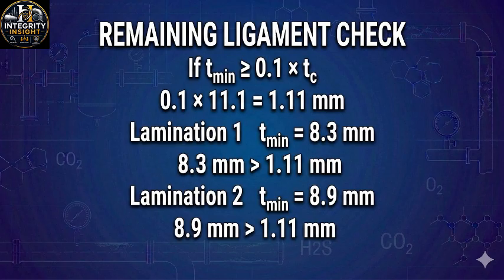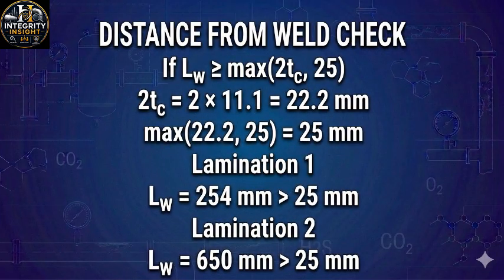The next check involves the distance from the nearest weld. Welded regions often experience different stress distributions and can be more sensitive to defects. For this reason, laminations must be sufficiently separated from weld seams before a Level 1 assessment can be considered valid. Lamination 1 is located 254 mm from the nearest weld, which is well beyond the required minimum distance.